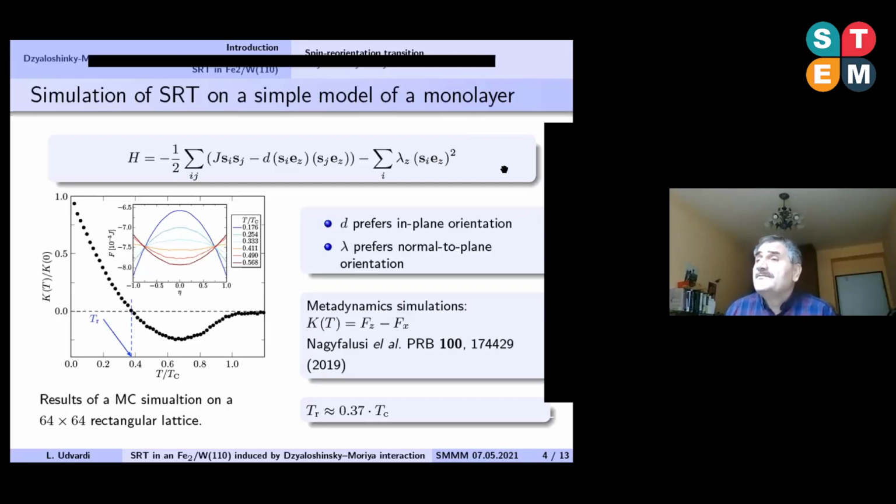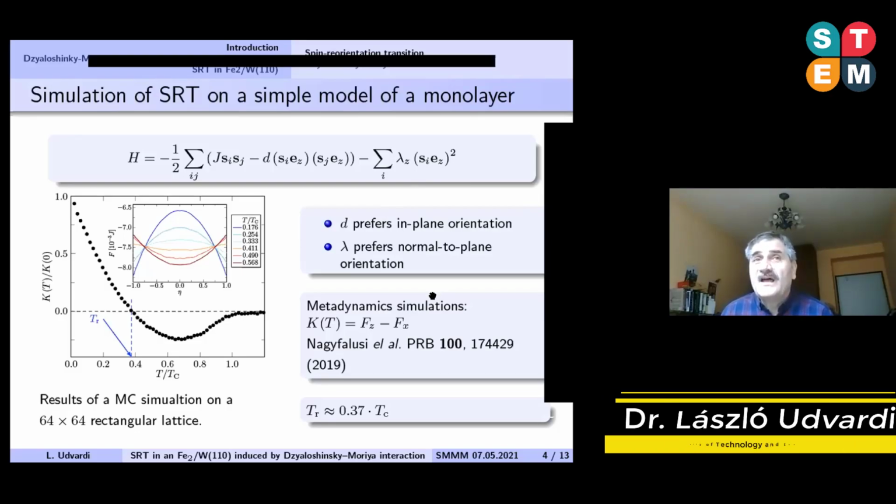We can calculate the free energy as a function of the orientation of the magnetization. We can do it in a different way: we use a Monte Carlo simulation and use metadynamics. Metadynamics is a member of the class of biasing potential methods.